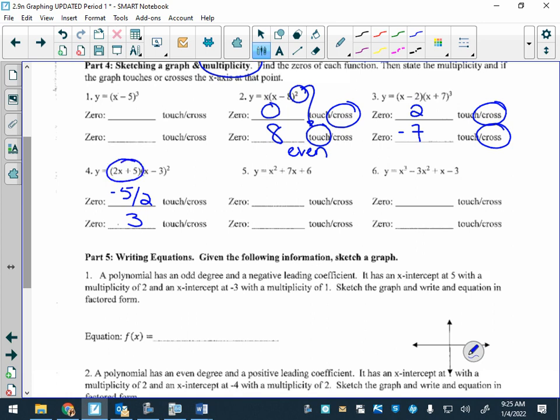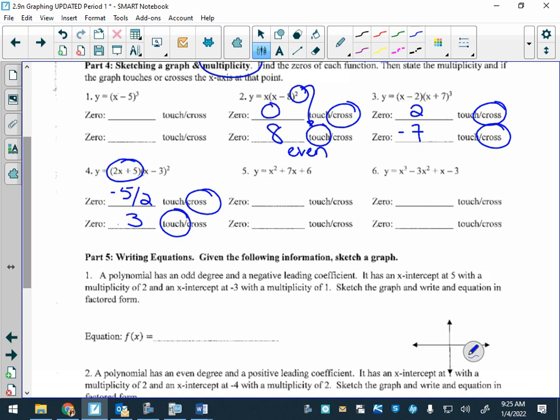So 2x plus 5 has an exponent of what? 1. So what would it do? Look at the other examples we've done. It would cross. Okay. At 3, Tommy, what would happen? It would touch. Good. Because it has an exponent of 2.